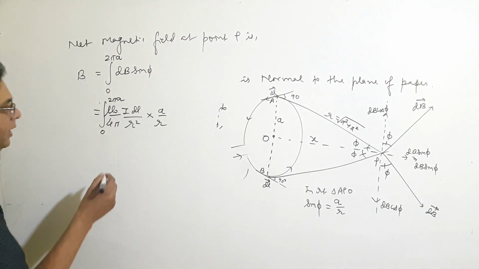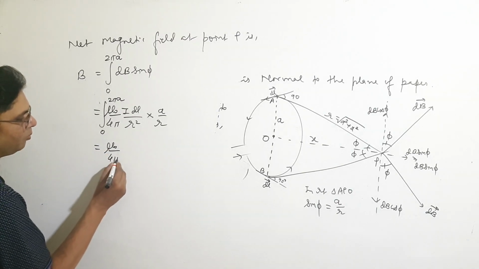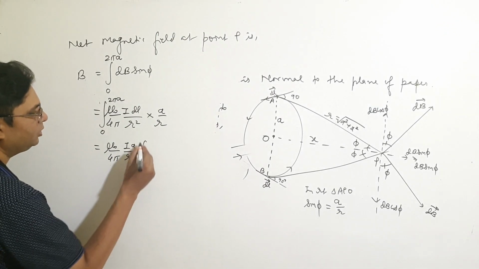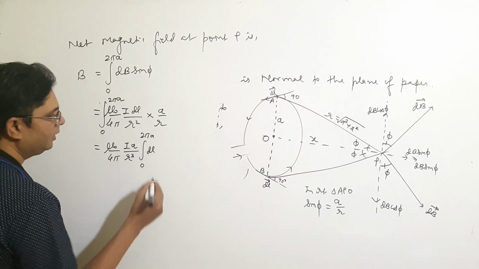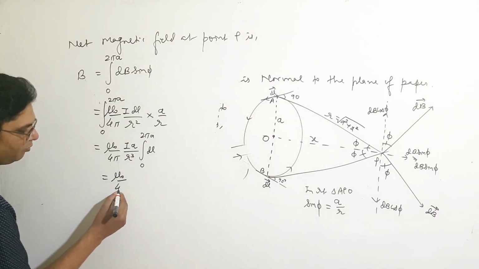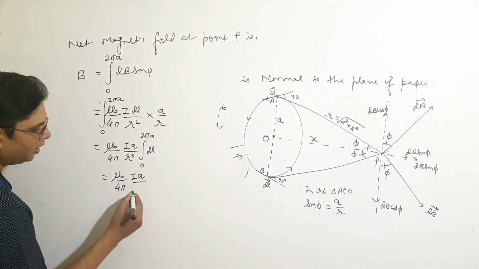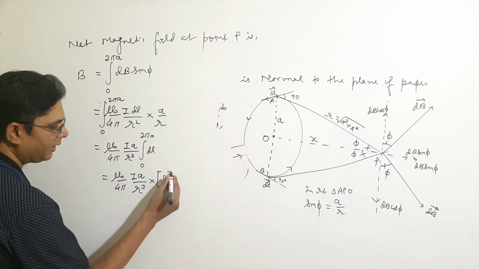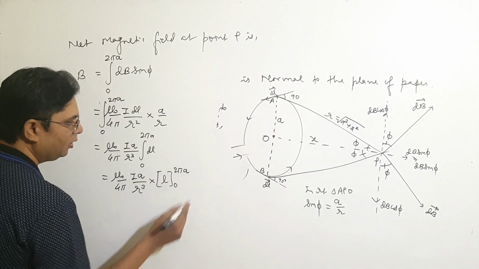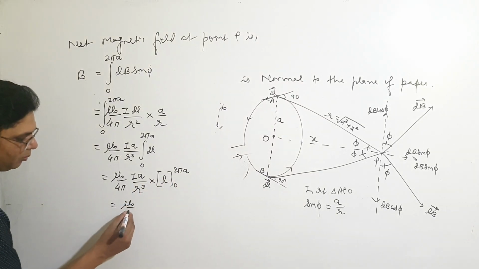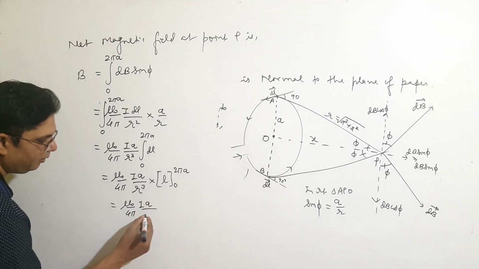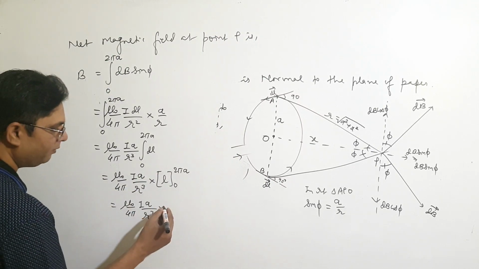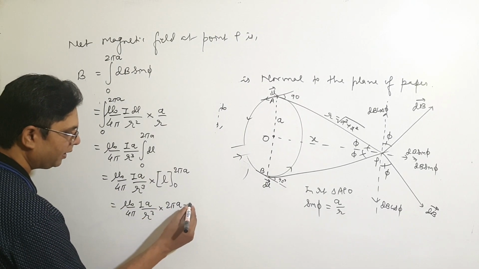Take the constant term outside, which is mu naught upon 4 pi, I a upon r cube, integration 0 to 2 pi a of dl. Here the integration of dl is l, so you have mu naught upon 4 pi, I a upon r cube, into 2 pi a minus 0.